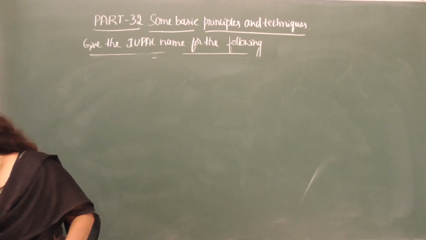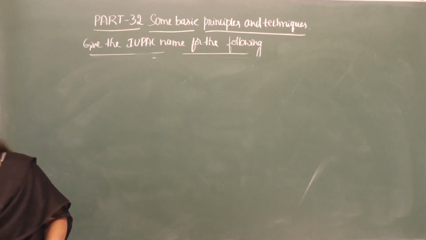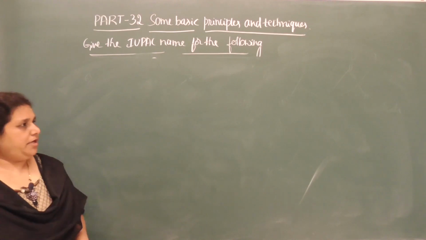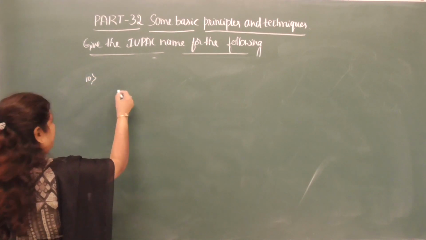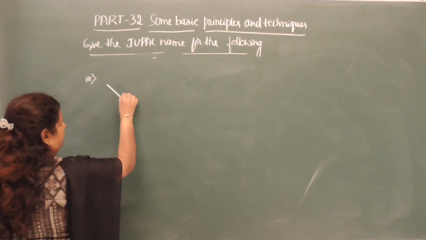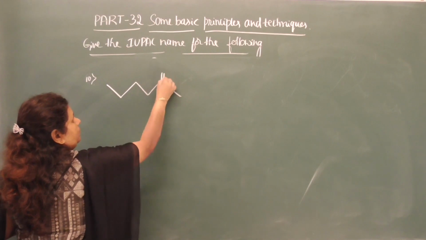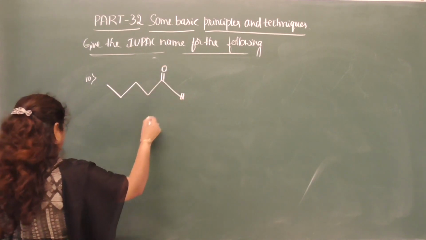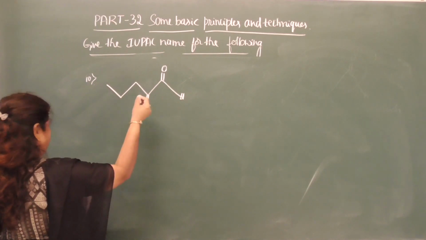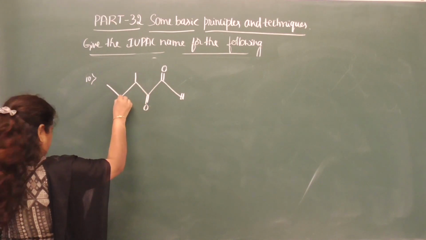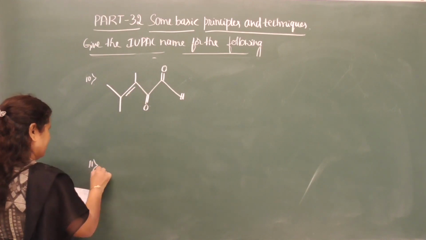So move on to the next number, next bond line formula. It is the 10th one. Write it down. The eleventh one.